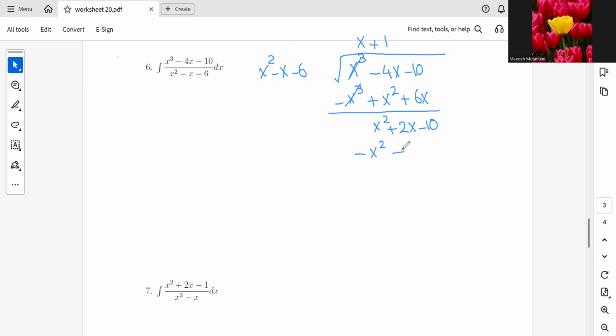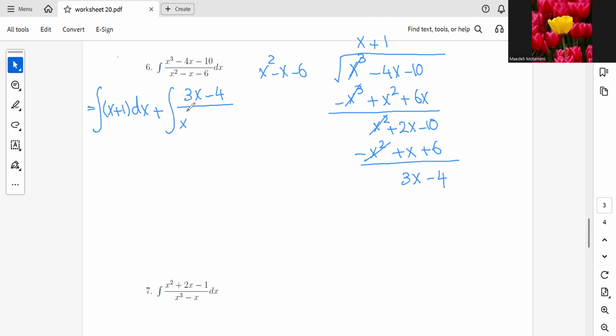Negative x squared plus x plus 6 here. So these will be gone. 2x plus x is 3x minus 4. So the given integral can be written as the integral of x plus 1 dx plus the integral of the remainder, which is 3x minus 4, over x squared minus x minus 6 dx.